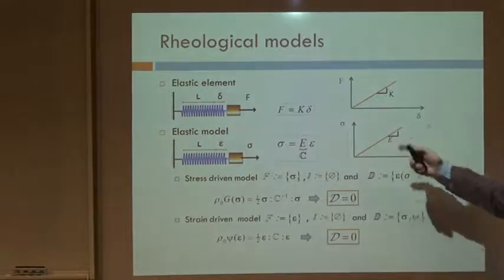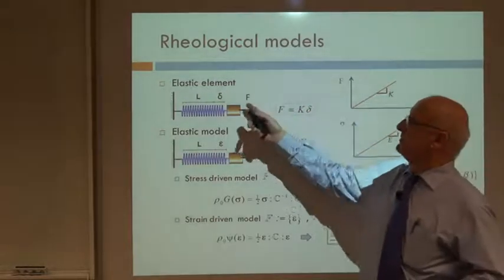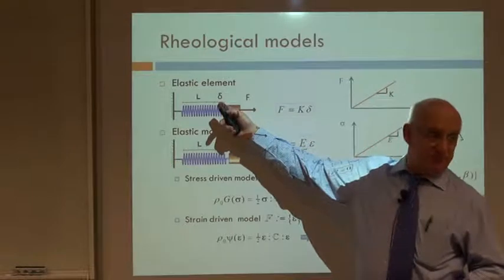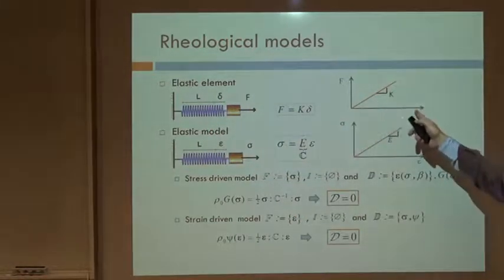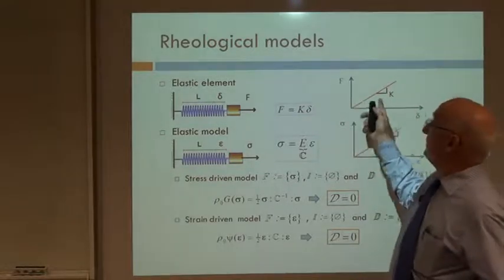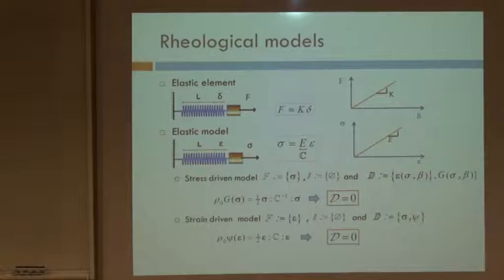And a spring is something that demands a force, and under this force you have a displacement of the end of the spring, delta. And this force is proportional to the displacement through a constant which is called the constant of the spring. Okay, that's something that you will understand.